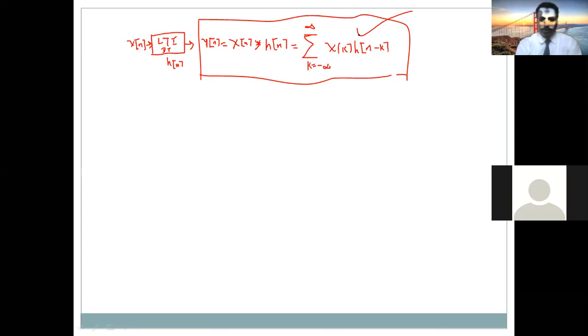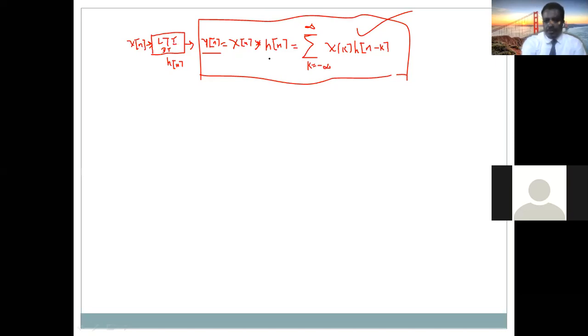We'll see that also today. But before that, let's see one more example of how to find the output of an LTI discrete time system using the convolution sum formula.